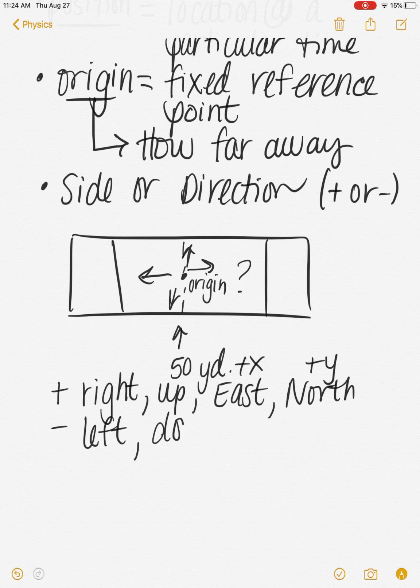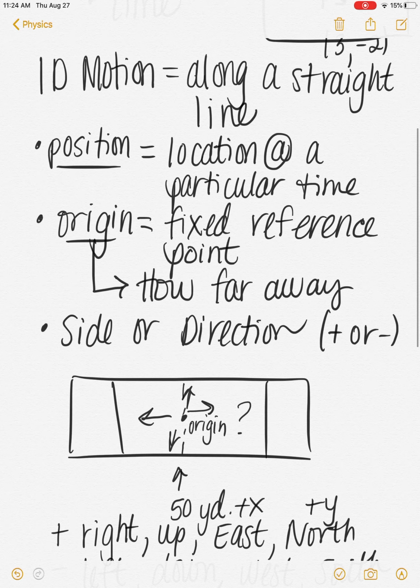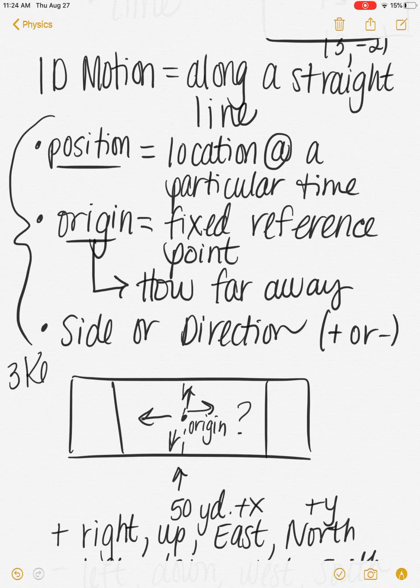Negative is usually considered to be left or downwards. So you're talking about to the west or to the south. A west would be a negative X and a south would be a negative Y. All three of these things, the position, origin, and side or direction, are your three key pieces to describe position.